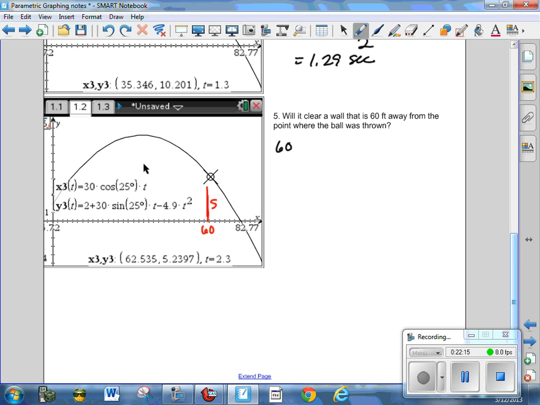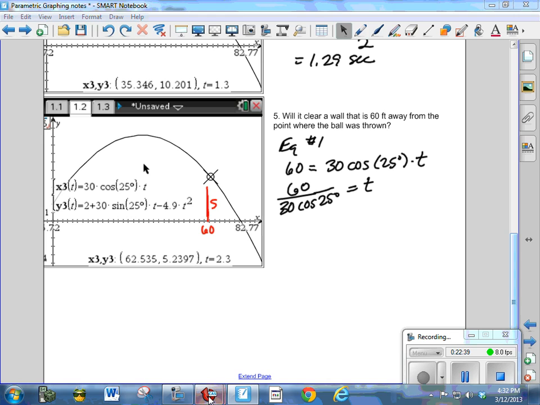So I use my first equation, so equation number 1, and I put in 60 for x. So 60 equals 30 cosine 25 times t, and I solve it for t. So 60 divided by 30 cosine of 25 is equal to t.